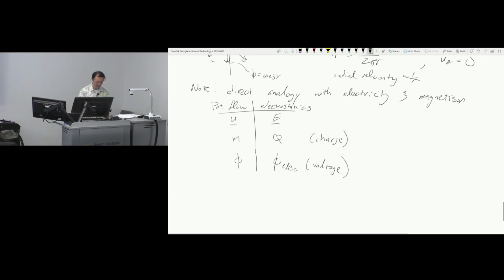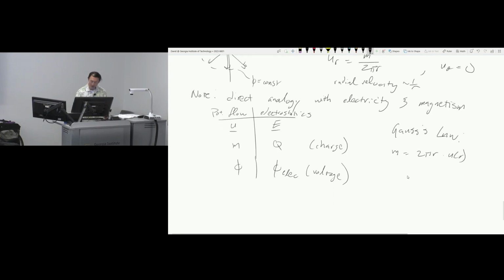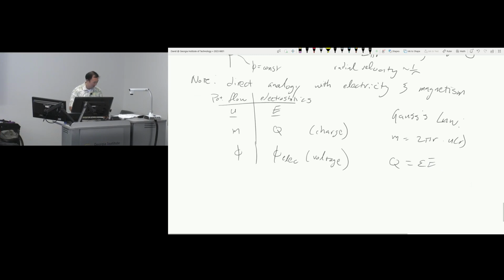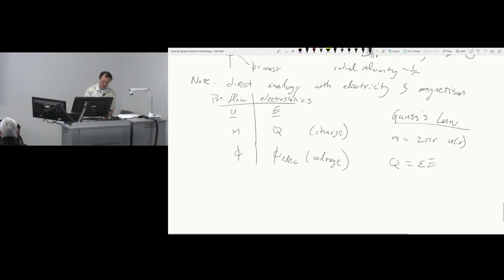In fact, Gauss's law says that M is equal to 2 pi r times U of r. Gauss's law in E and M says basically Q is equal to E times some epsilon or something like that. So these are analogous.